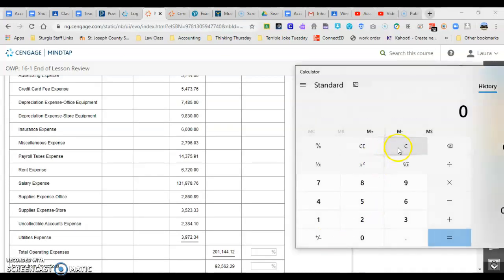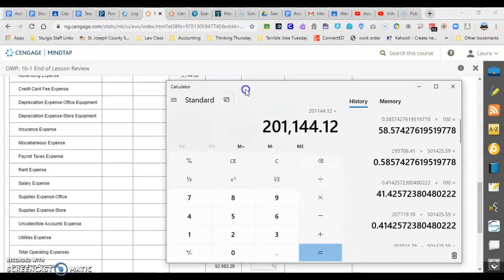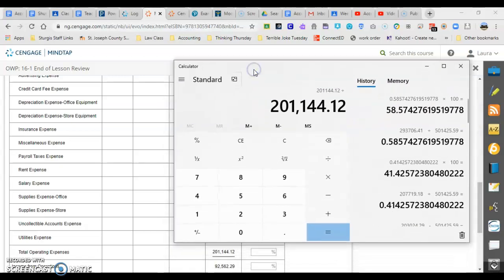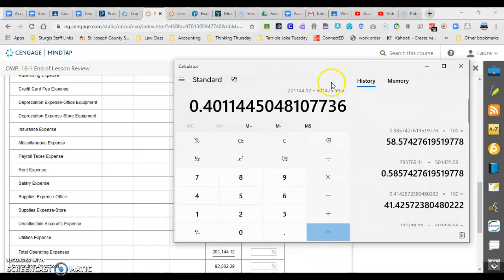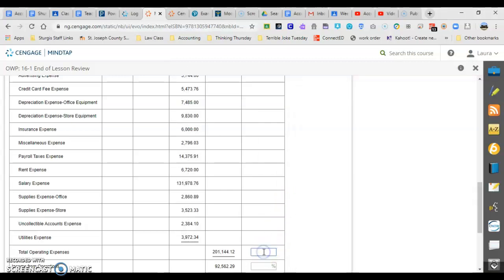So we take 201,144.12 divided by, again, 501,425.59, which I'm getting off of the previous months, and then we times it by 100 or move the decimal over two. That's 40.1 for total operating expenses.